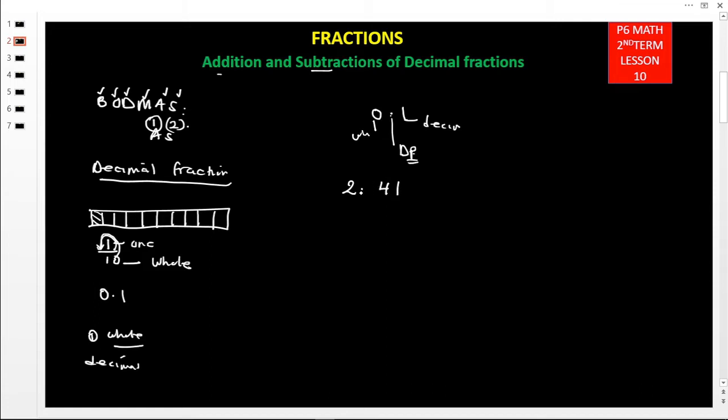Then from primary 5, we said the decimal places, or place values of decimals, start from tenths. Whereby we said tenths means out of 10, then we go to hundredths, meaning out of 100. So when we are dealing with decimal fractions, we are dealing with wholes being divided into tens, hundreds, thousands.